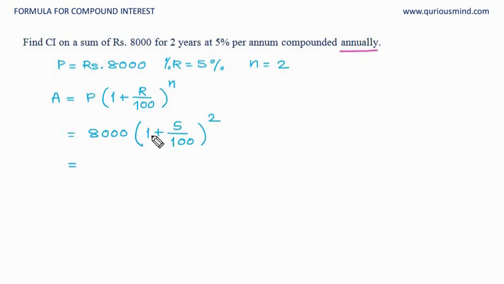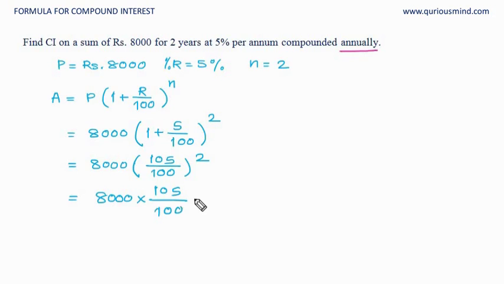If you see here, 1 plus 5 upon 100 means 105 upon 100, squared. That would be 8,000 multiplied by 105 upon 100 multiplied by 105 upon 100. 2 zeros gone, 2 zeros gone.